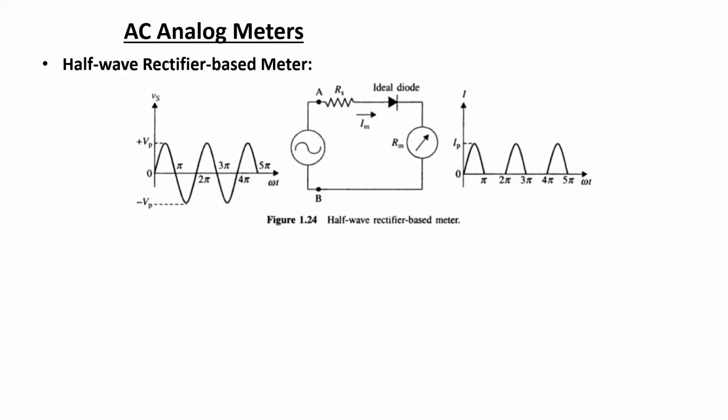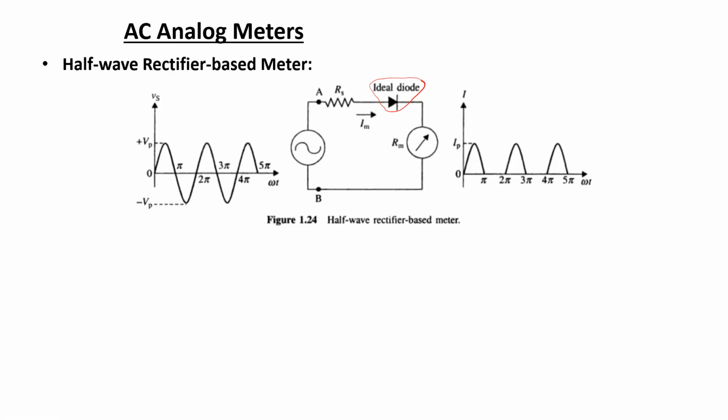You can see that this particular circuit arrangement of the half-wave rectifier based AC voltmeter is similar to the one used in the DC voltmeter. The only modification is the insertion of this diode. For analysis purposes, we are considering that the diode works as an ideal diode.